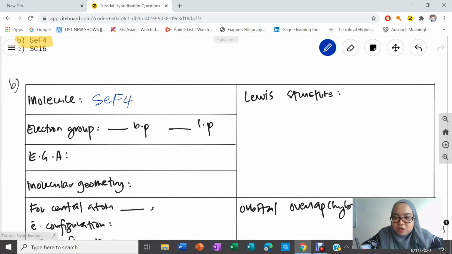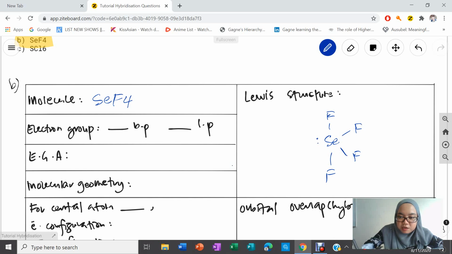The Lewis structure for SeF4 is Se with F around it and one lone pair here. This you can calculate: how many valence electrons for Se, how many for F, and then you can come up with this Lewis structure.